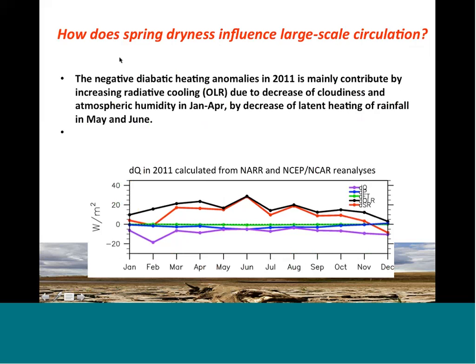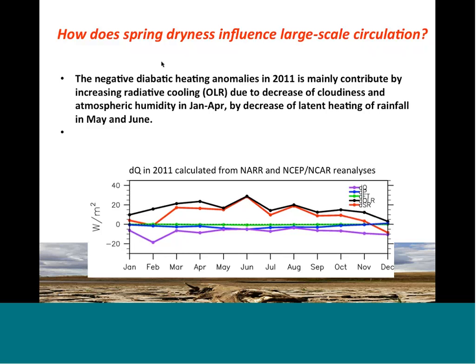And in addition to the direct influence on precipitation, we also want to look at how soil moisture influences the large-scale anticyclonic circulation, contributes to that, and also influences large-scale subsidence. So we know that beyond the synoptic scale, the large-scale subsidence is mainly driven by diabatic cooling.